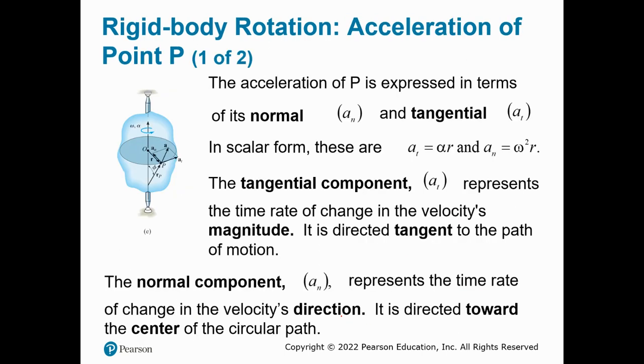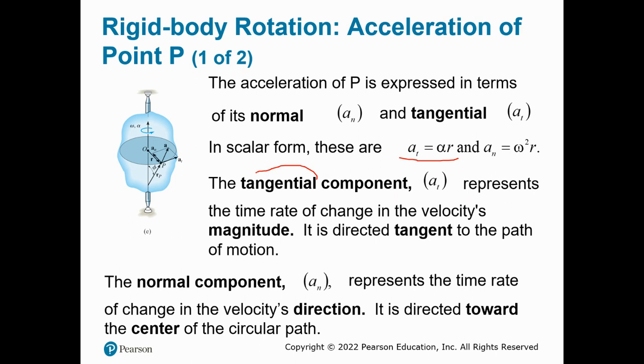The acceleration of p is expressed in terms of its normal and tangent components, an and at. In scalar form, the tangent component at equals alpha times r, only one radius away, and the normal component an will be omega squared times r. The tangent component at represents the time rate of change in the velocity's magnitude.